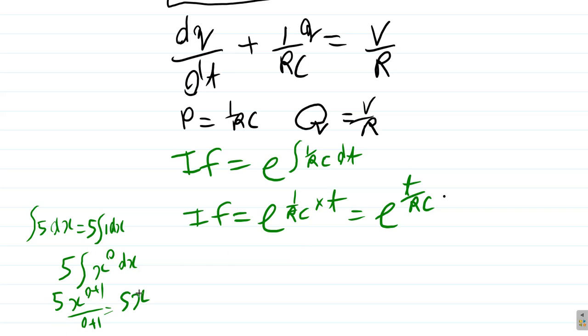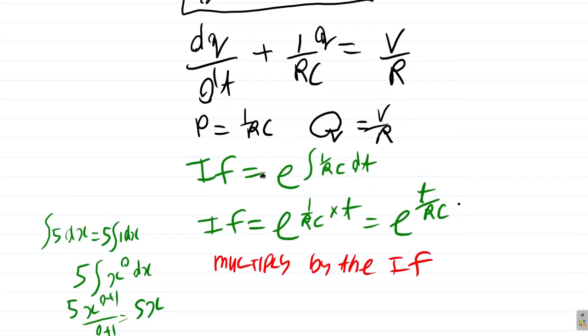Now the next thing we do, you remember, is multiply by the integrating factor. We're going to multiply both sides of the equation by the integrating factor.